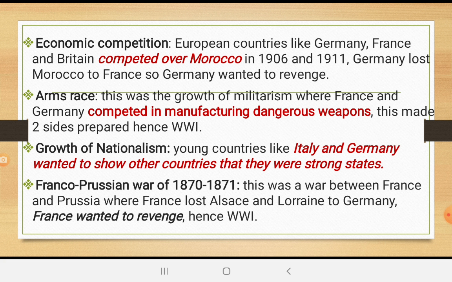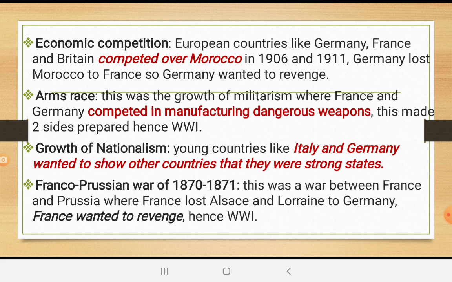This nationalism was observed mainly in young countries like Italy and Germany. Remember what we call Italian unification and German unification? Those countries were somehow young countries.